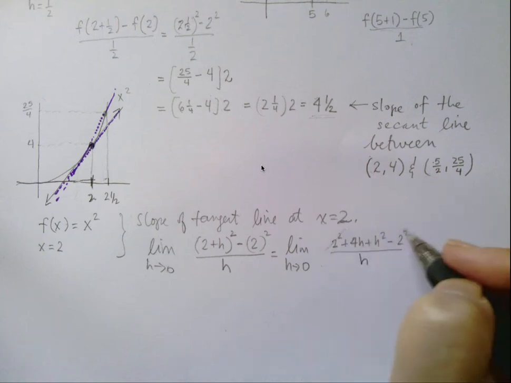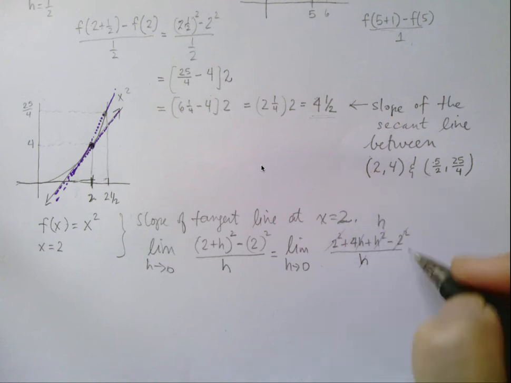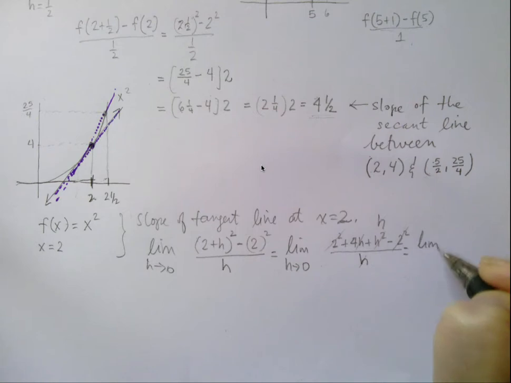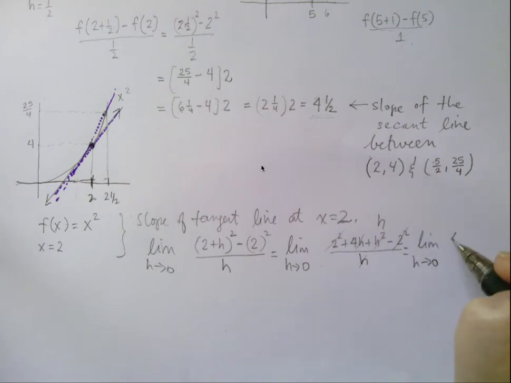The 2's cancel, the h's cancel, and I have the limit as h goes to 0 of 4 plus h. And now I can just plug in h equals 0. There's no problem with dividing by 0. And that just equals 4.